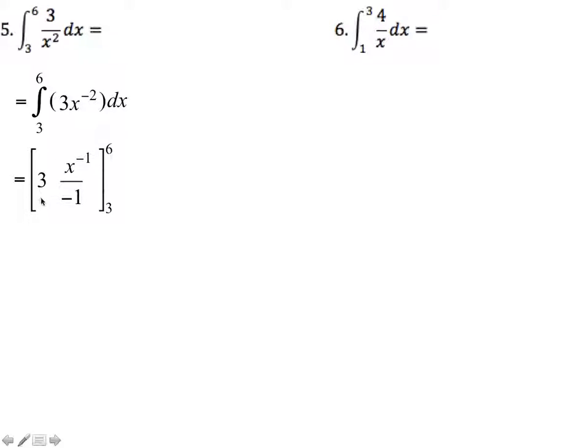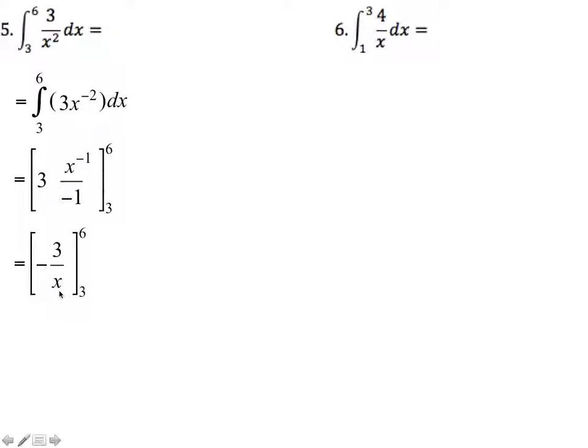So let's simplify this. First of all, x to the negative 1 can go back down in the denominator as x. And then we have 3 times negative 1. So in other words, this minus sign can be put out here. So we have minus 3 over x evaluated from 3 to 6. So 3 is the left part of the shape, 6 is the right part of the shape.